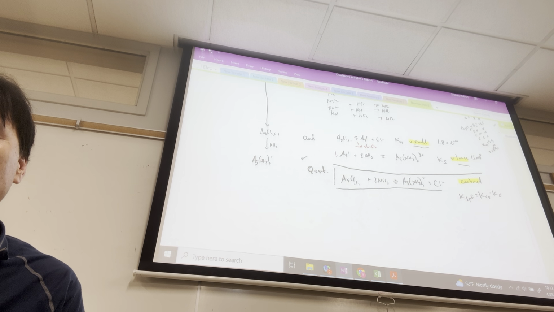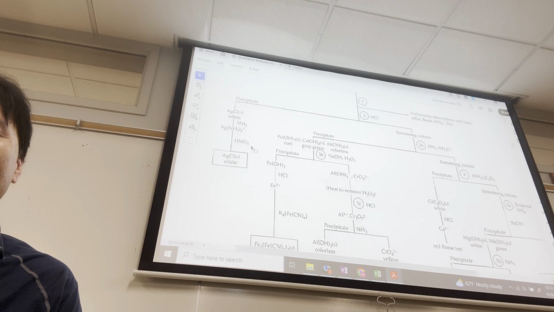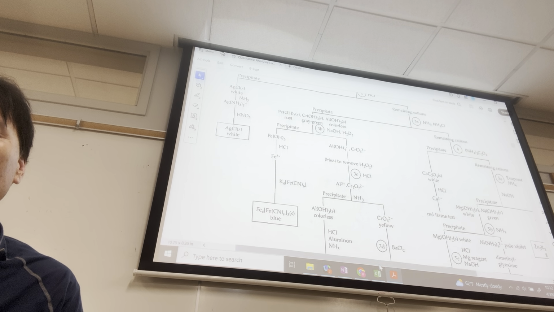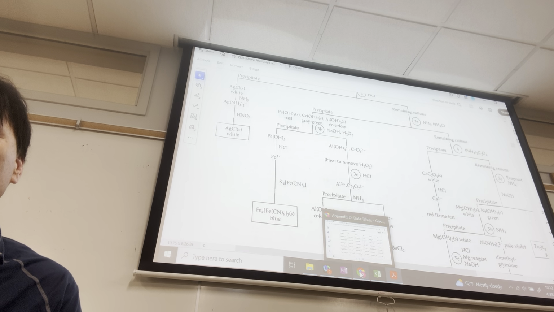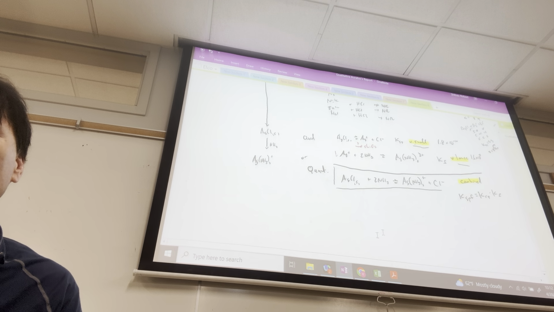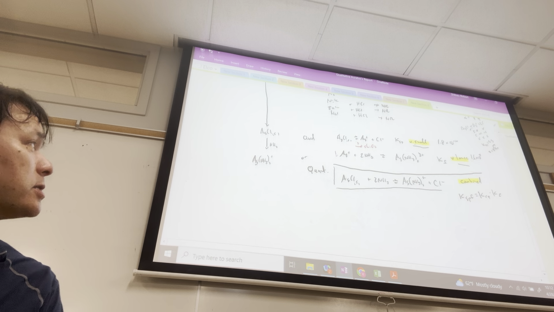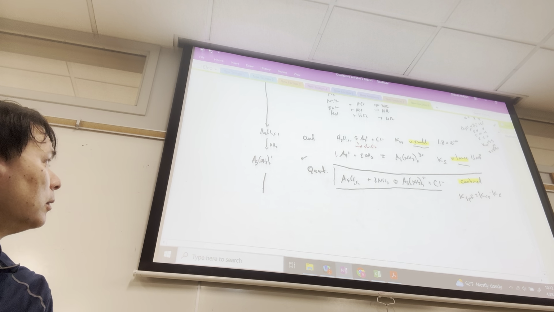All right, and then in the next step, what do we do? In the next step, we add HNO3 to reprecipitate out the silver chloride. Here is the HNO3 step; this is not balanced.